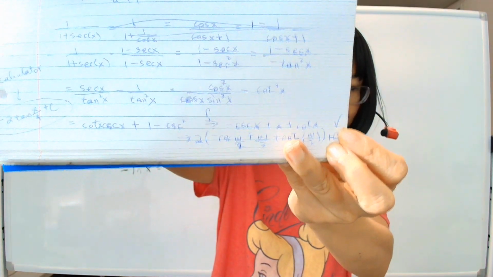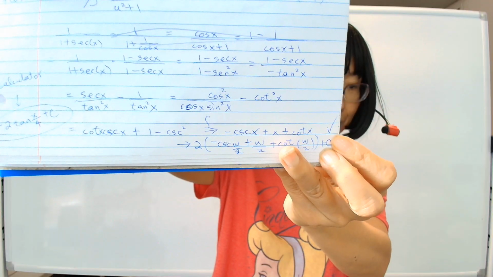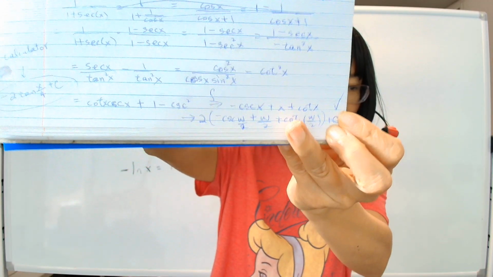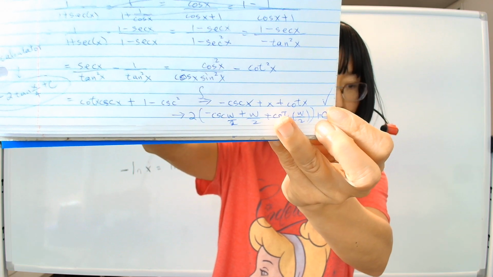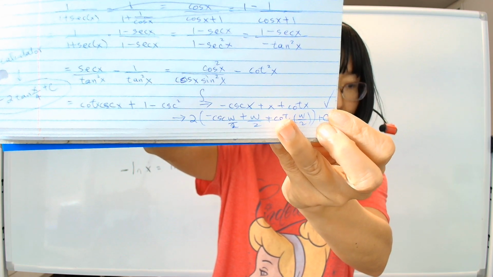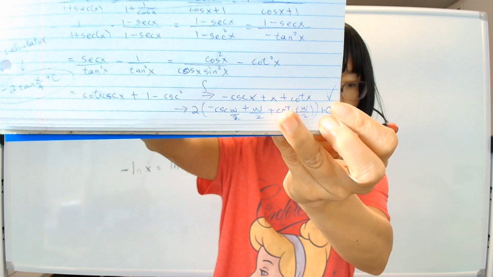Now to do this, you pull a trigonometric trick. You multiply 1 over 1 plus secant x by 1 minus secant x over 1 minus secant x, both top and bottom.